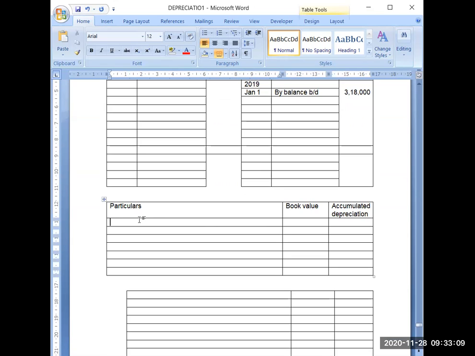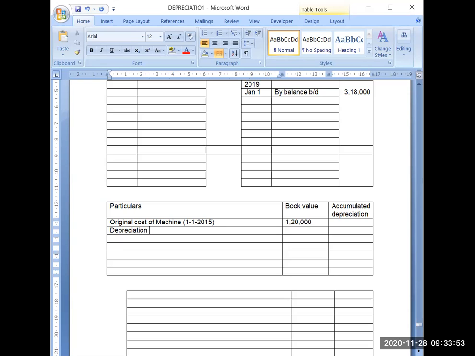So here I will write the original cost of machine, 1,20,000, and the date was 1/1/2015. Now we have charged depreciation at the rate of 10% per annum.